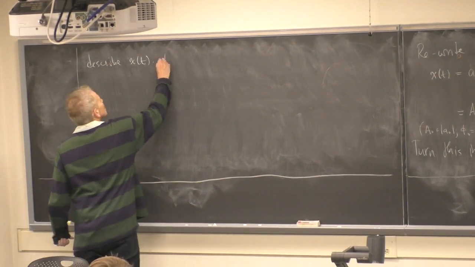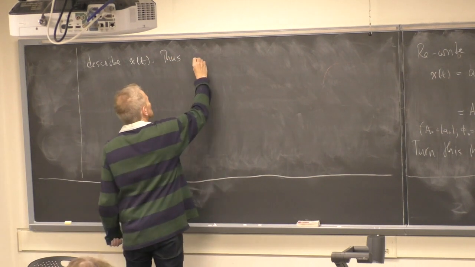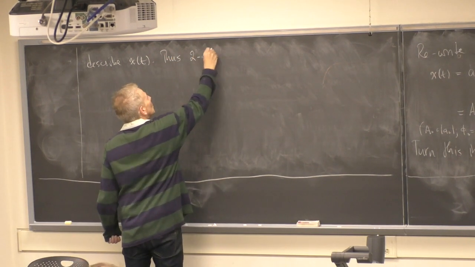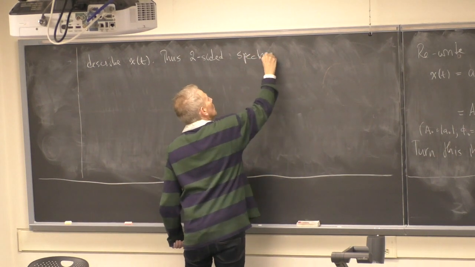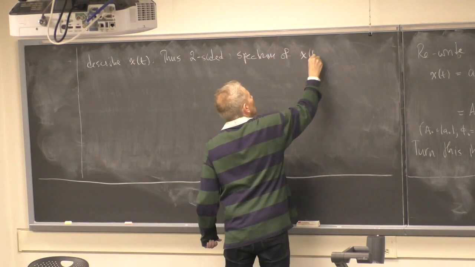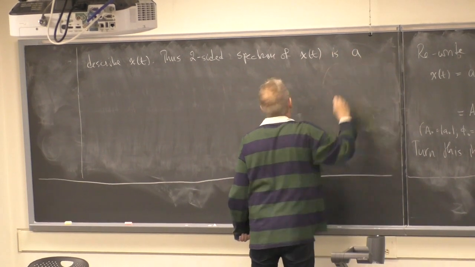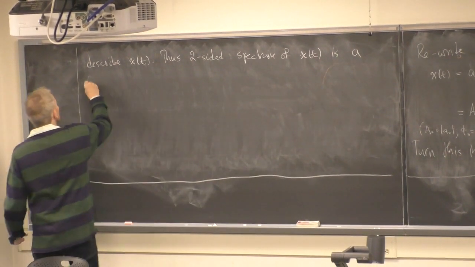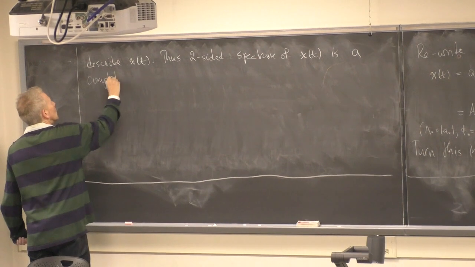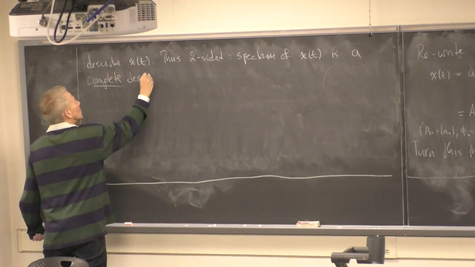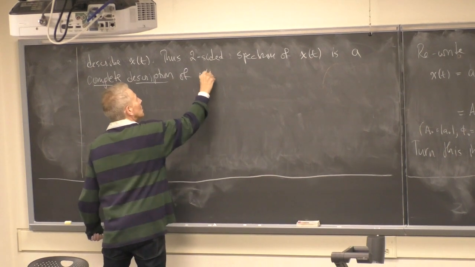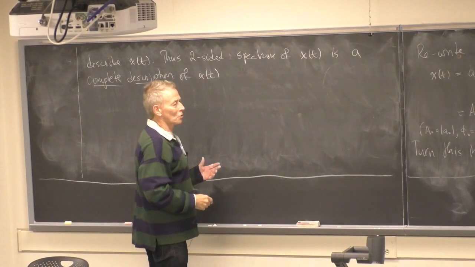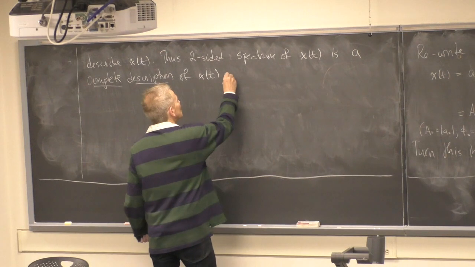So this two-sided spectral representation is a complete description of x of t. It's not just describing something about x of t.